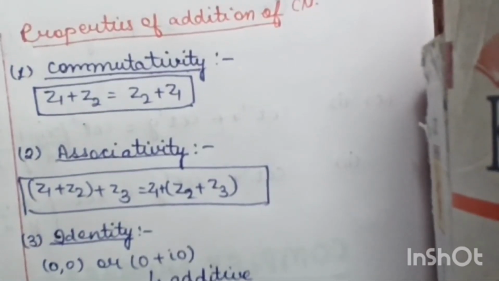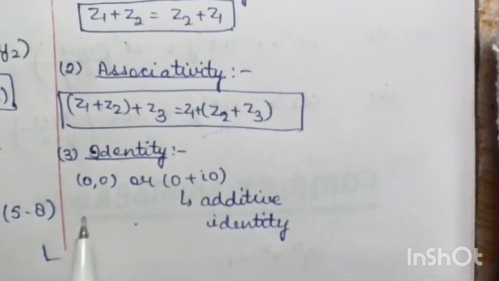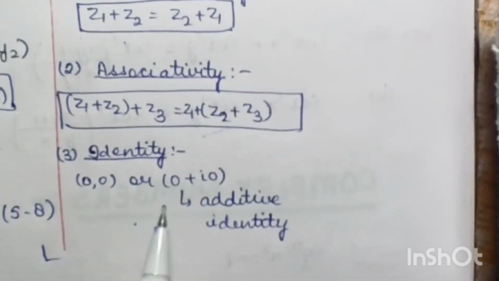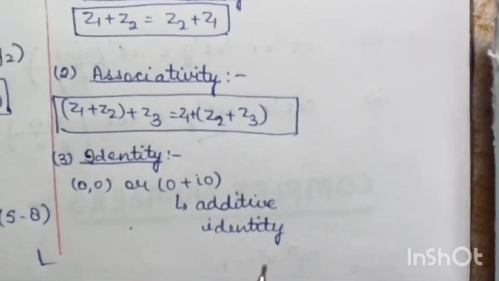Now next is identity, which is 0 comma 0. We can write it like 0 comma 0 or 0 plus iota 0. This is the additive identity. Okay, so how can we write it?